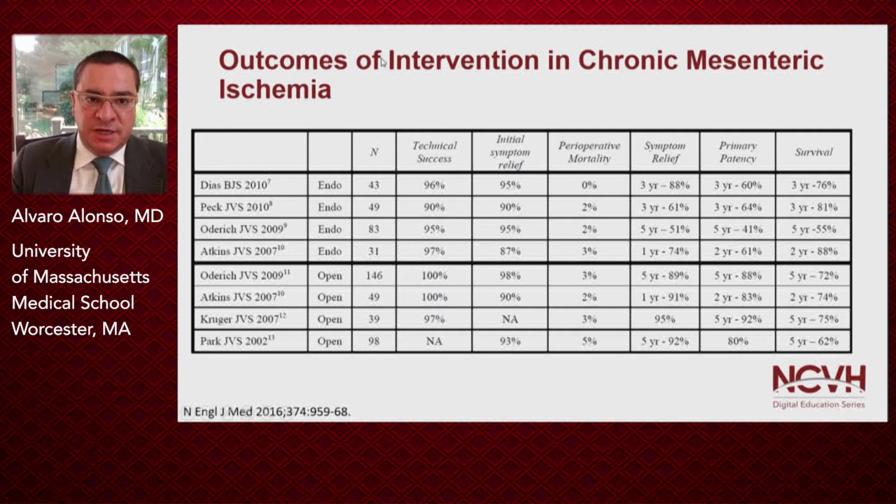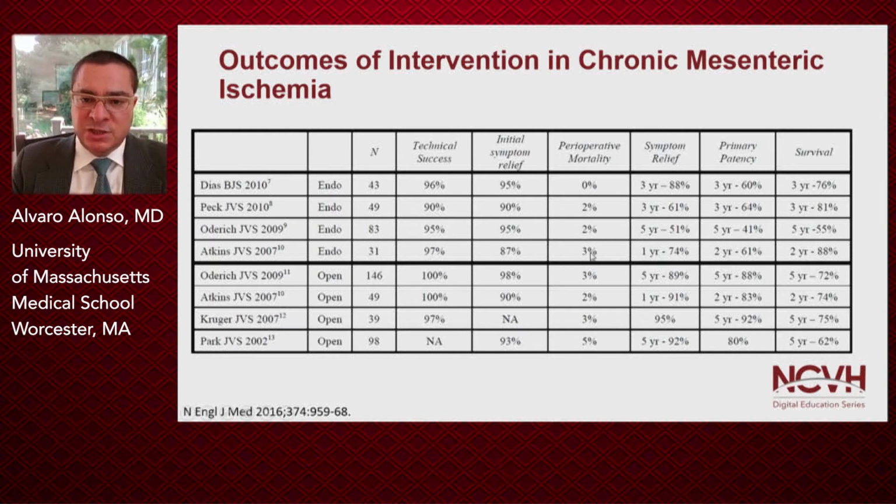A comparison of series of outcomes of intervention in chronic mesenteric ischemia shows the advantages and disadvantages of both techniques. So the technical success tends to be very high in both subsets, surgical versus endovascular repair. Most patients achieve initial symptom relief.